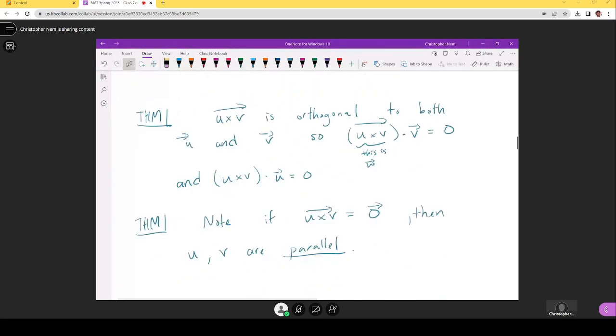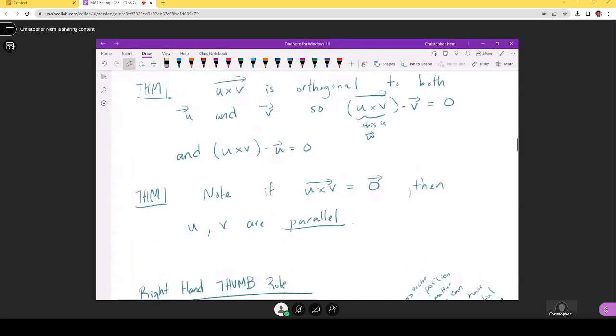So now, if that vector is the 0 vector, not the 0 scalar, so 0i plus 0j plus 0k, which is giving me the 0 vector, then we can say u and v are parallel. That means there's no orthogonal vector that satisfies being orthogonal to both u and v.